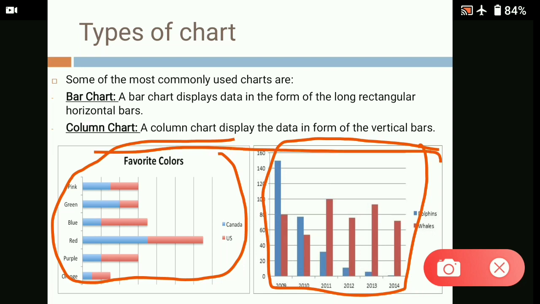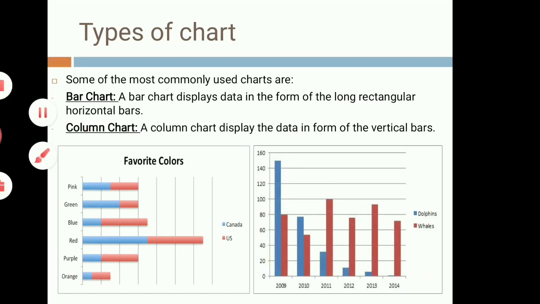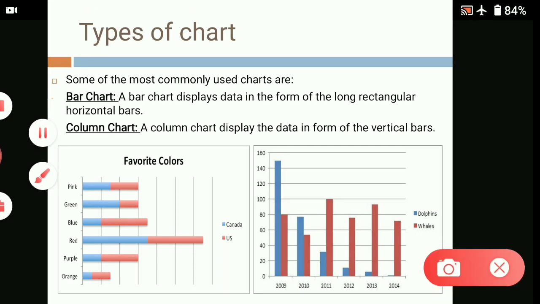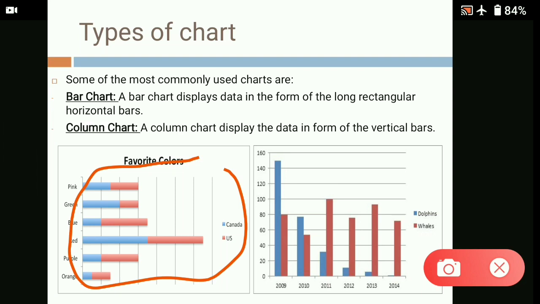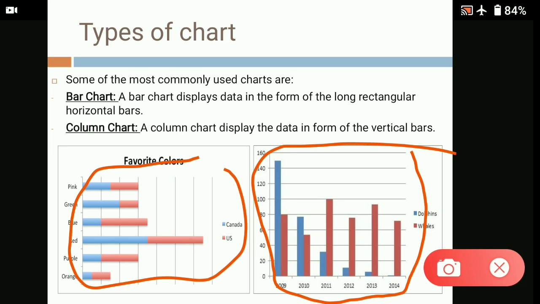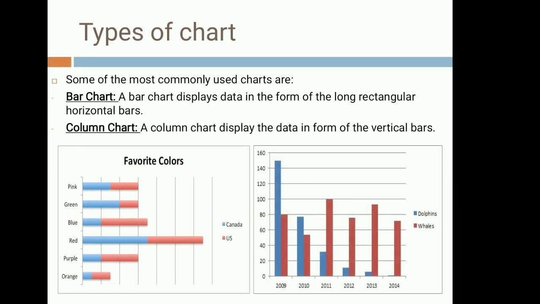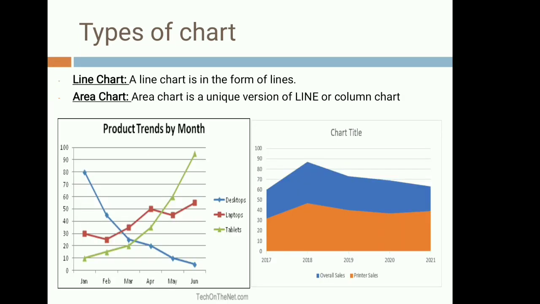They both are represented with the help of blocks, but in the bar chart we plot the data in the form of horizontal bars, and in the column chart we plot the data in the form of vertical bars.